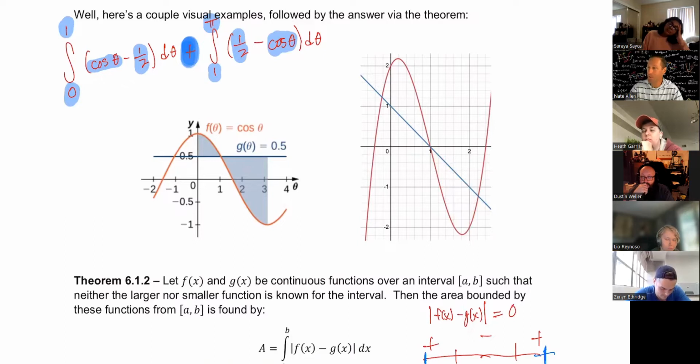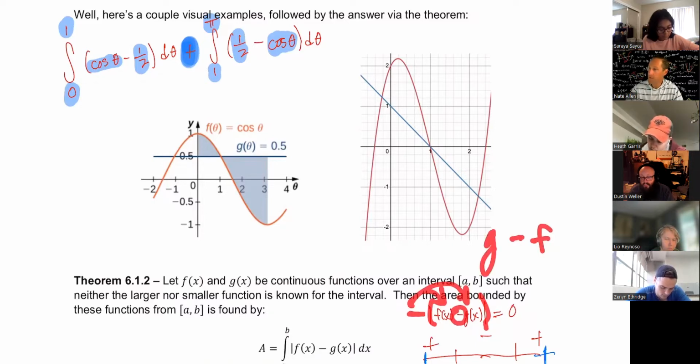And what symbol that you actually helped us with earlier will we use to combat that? The negative. Because in reality, we wanted the G minus the F. So we want the opposite of that. And if you throw a negative out in front of it to get rid of those absolute values, distribute the negative, now your F is negative and your G would become positive. So you see, it does the work for us.